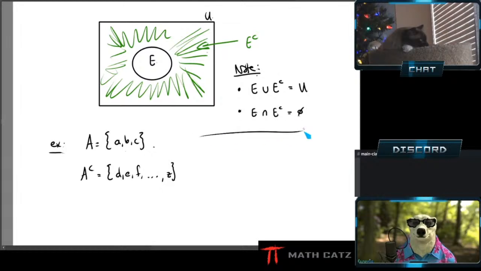We don't want to make things unnecessarily complicated. We already have all the others covered. We did union and intersection. So never mind that. So any set, thrown together with its complement, makes everything. And there is no overlap between the two.